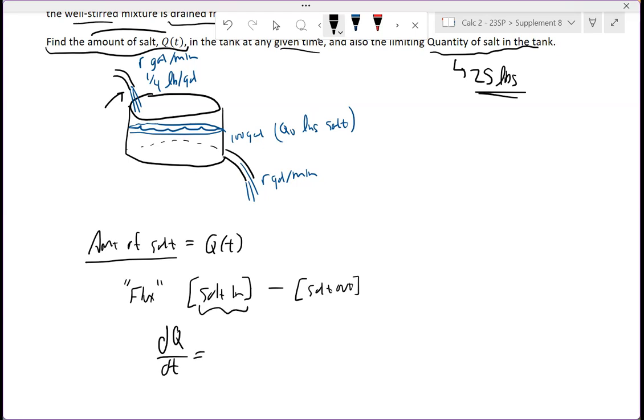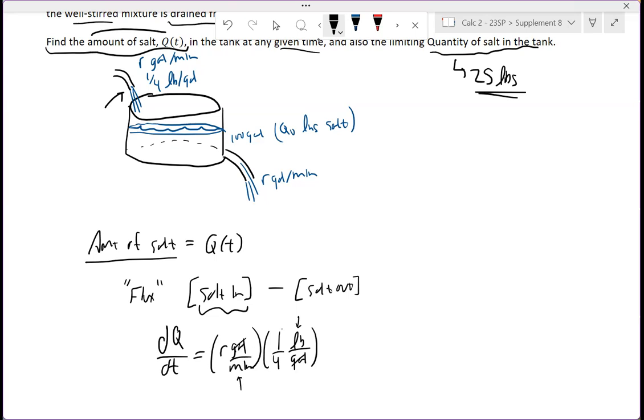So the salt coming in is R gallons per minute times 1/4 pound per gallon. I note that my gallons cancel out and I have pounds per minute.